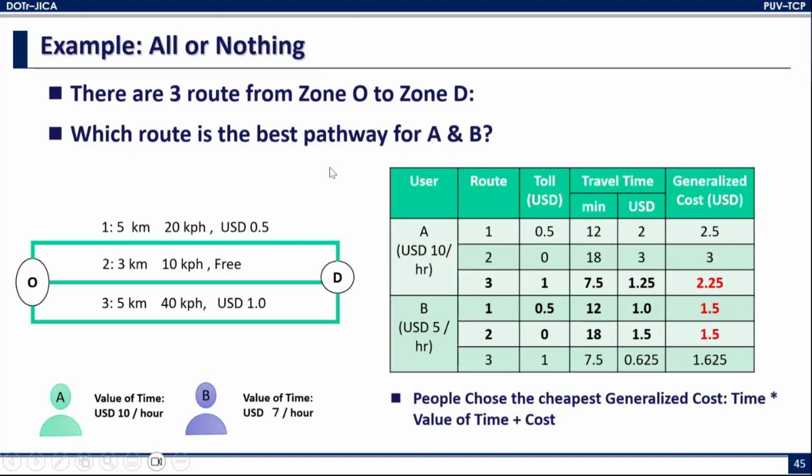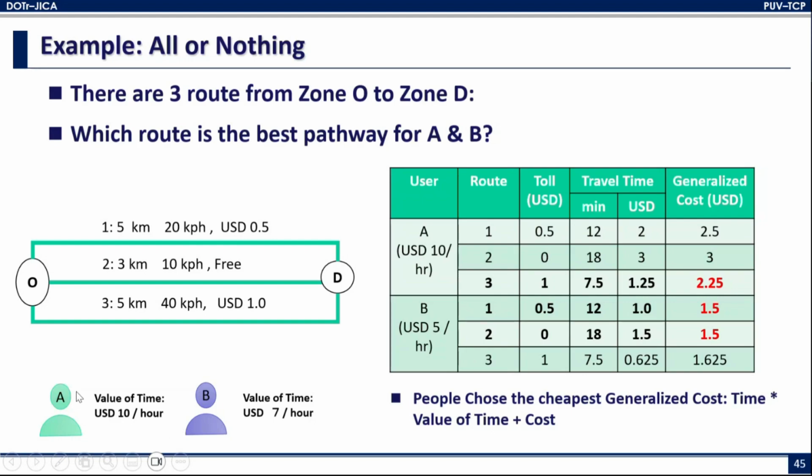On the other hand, there are some zones that are similar. However, the travel cost might be different. Person A and person B have different values of time. In that case, which is the reasonable way for person A, and which is the reasonable way for person B, is also different among the people.